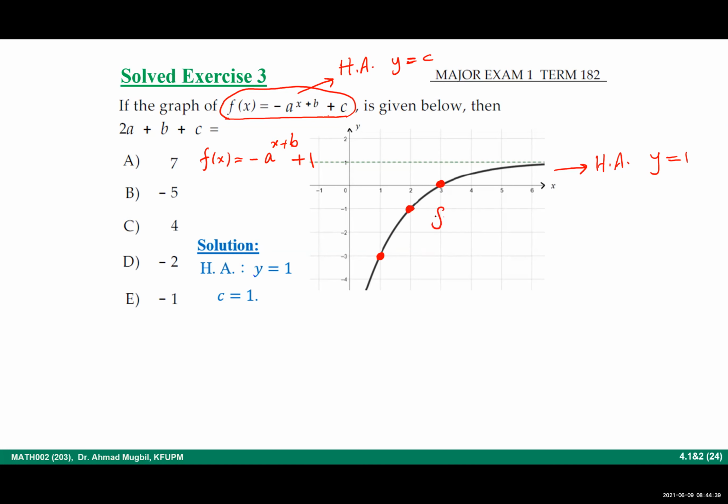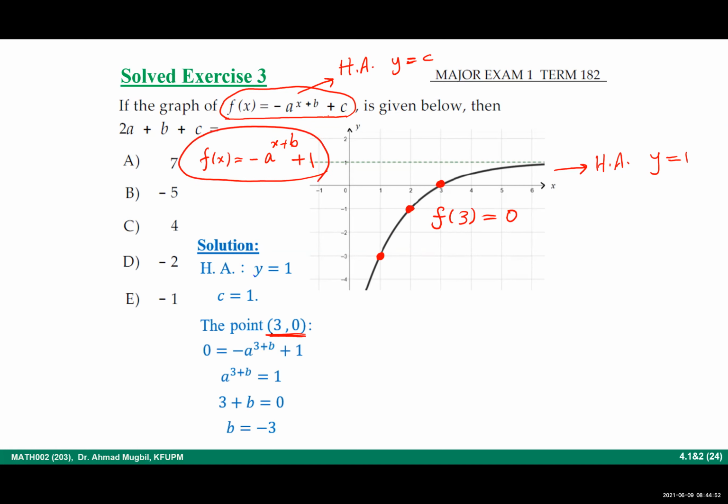It tells me that f at 3 equals what? 0. So I will use this point, which is (3, 0). I will use it here, with x equals 3 and y equals 0. Now you move this to the other side.